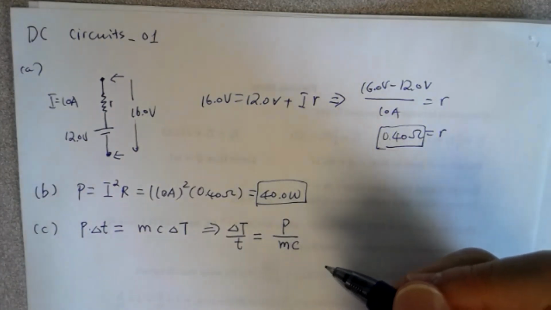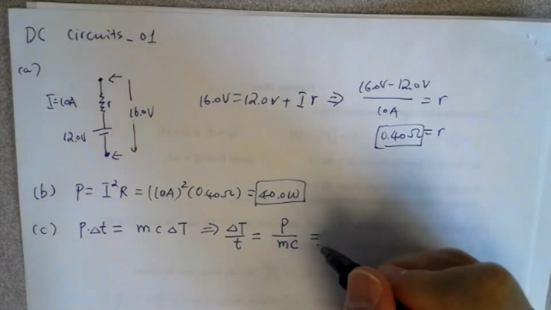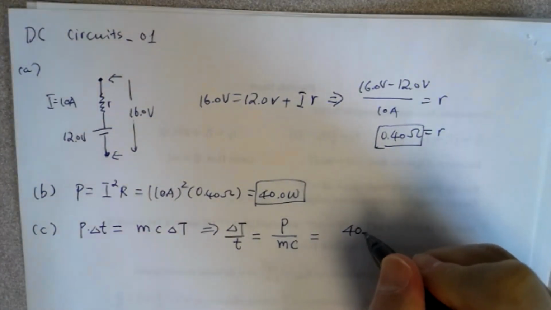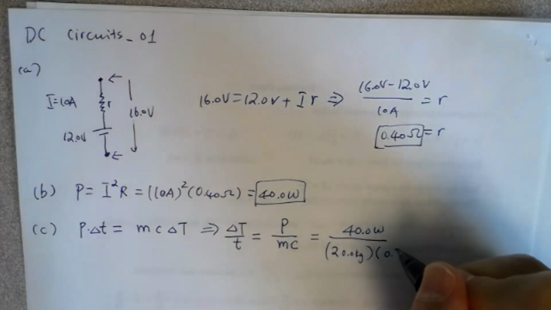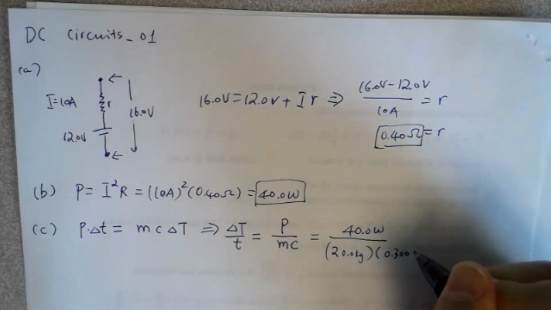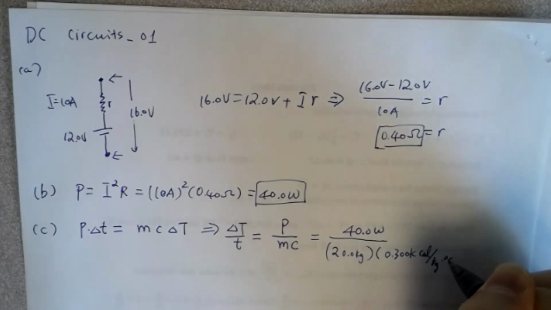All right. So in this case, this is going to be 40 watts divided by 20 kilograms times 0.300 kilokelvin times kilogram and degrees Celsius.